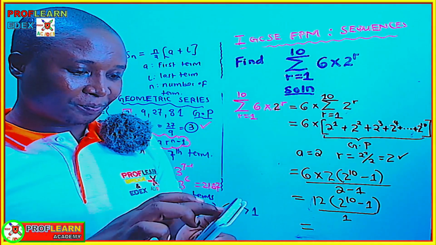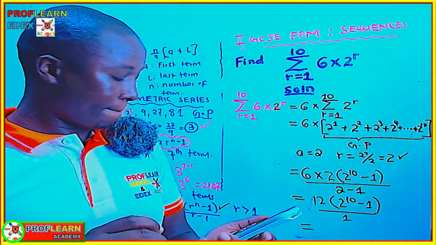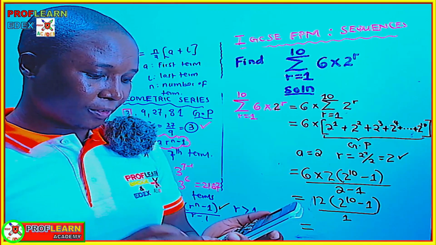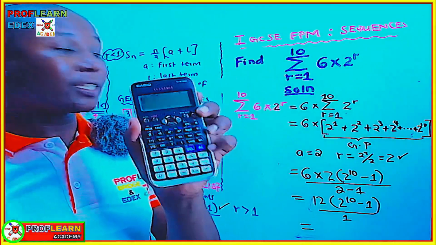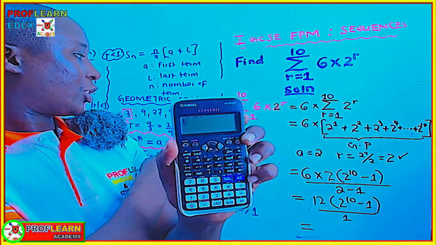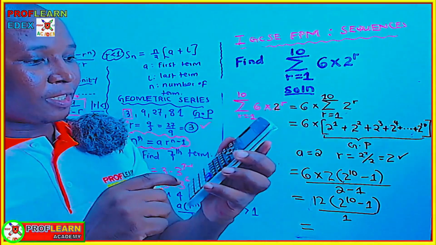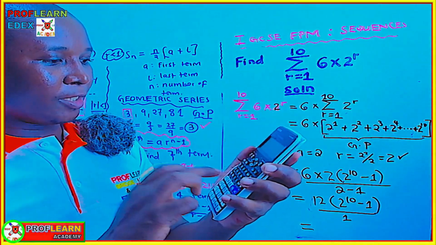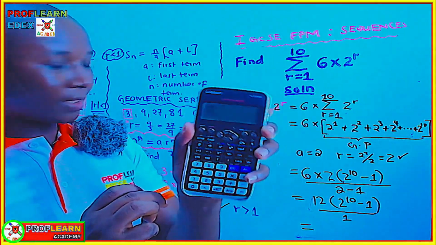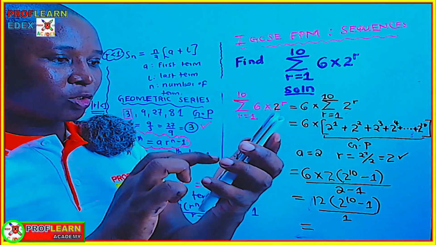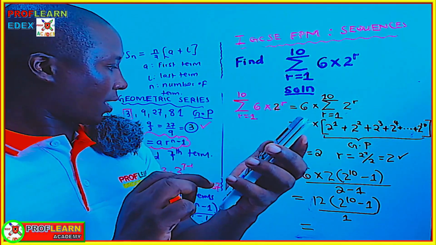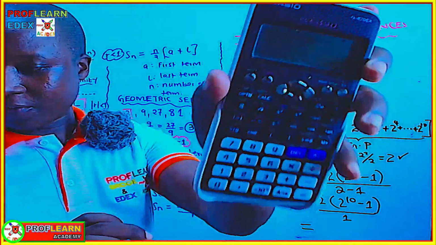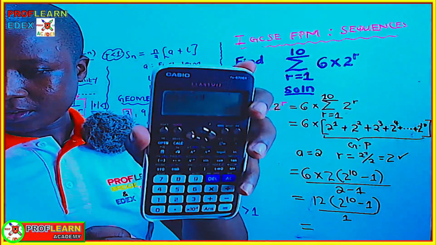So this is going to be 12. This is how we're going to write it, and ensure you are instructing your calculator properly for it to give you that. So this is going to be 12 into bracket 2 raised to power 10 minus 1, close the bracket, the way I've just put. Are you seeing that?